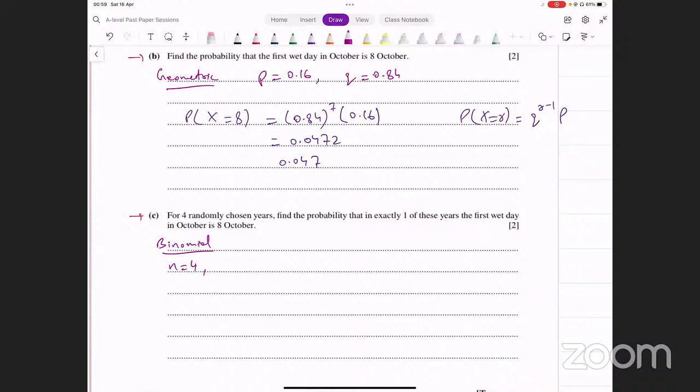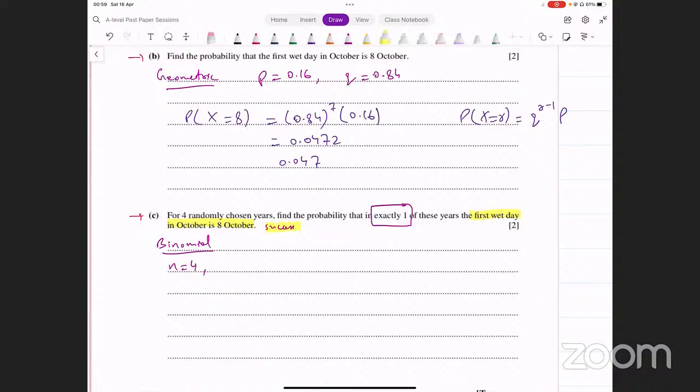Now you have to find the probability of getting exactly 1 success. How are you defining success? Success is defined as the first wet day in October being 8th October. This is the criteria for success. जो मैंने highlight किया है, this is how they are defining success. ये आपका success है.